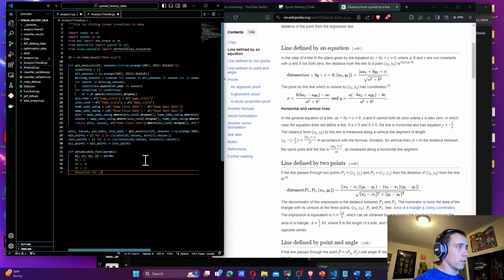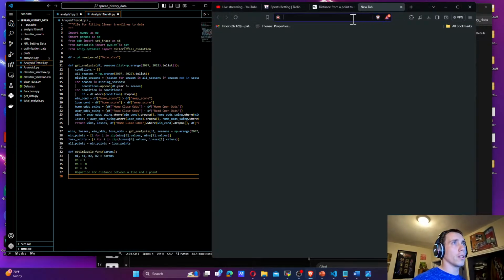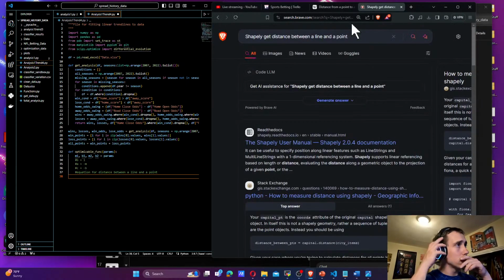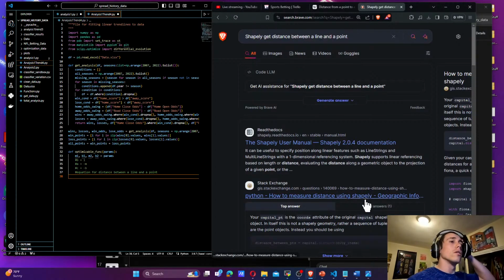Equation for distance between a line and a point. Shapely. Can't we do that in Shapely? Python, how to measure distance using Shapely.